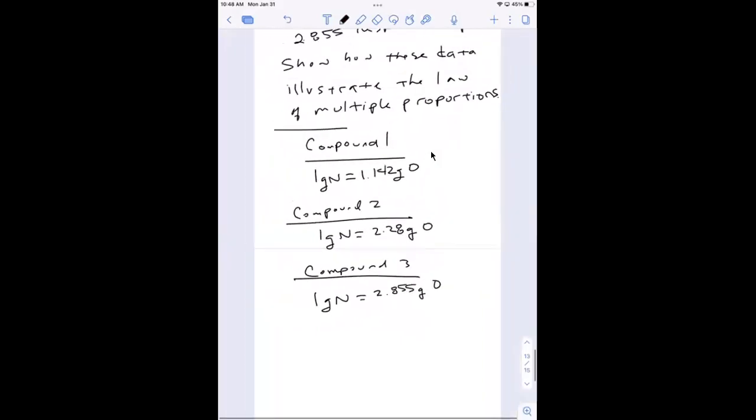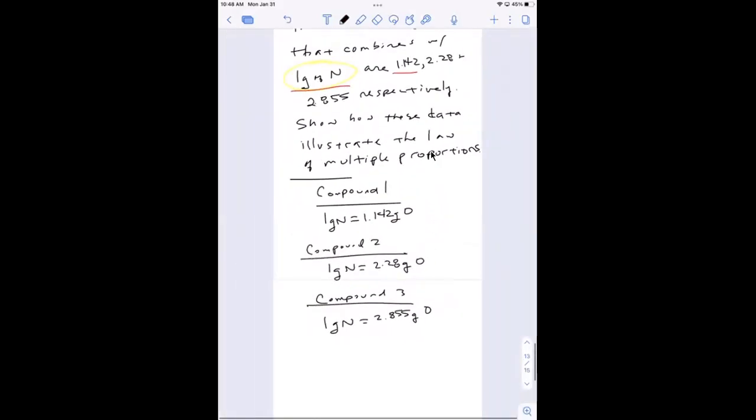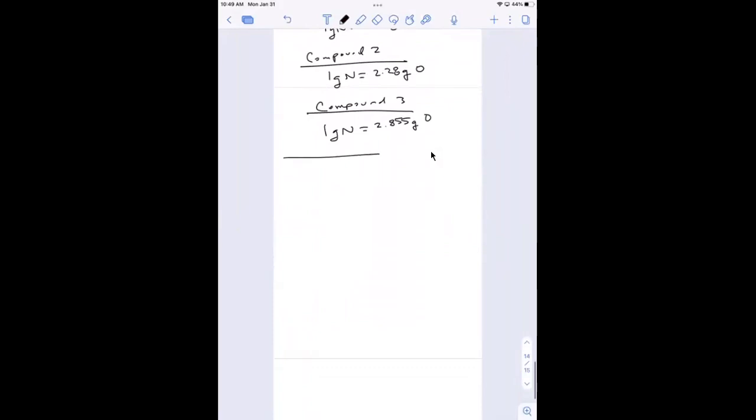Because it didn't give us N and O and just say figure out the ratios, it gave us the ratios. So now the second part of this problem is what we have to do. We have to compare the oxygen masses to see if they give us small whole number ratios. So let's take compound 2 and compound 1 and compare them.